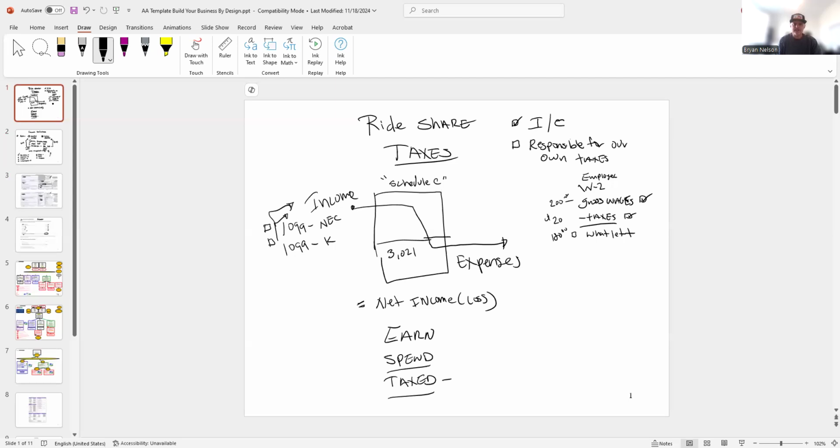Where up here, as an employee, I earn my money, I get taxed, and then I get to spend. So the tax system favors the independent contractors, the business owners. So I highly recommend working with a professional. I see so many people that miss out on these deductions, which gets to lower their taxable income, which puts more money back in your pocket.